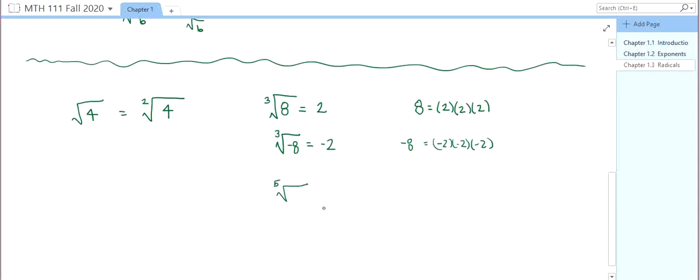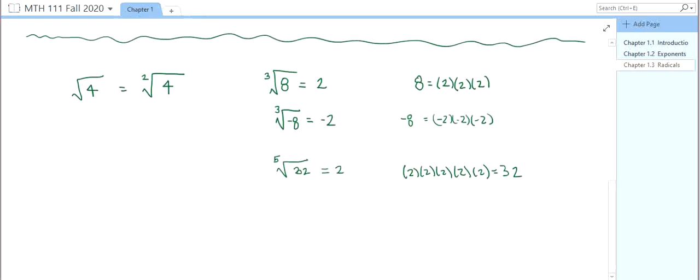You could have the fifth root of, say, 32. The fifth root of 32 is actually 2, because 2 times 2 times 2 times 2 times 2 equals 32. Count it up yourself. So that's how that works.